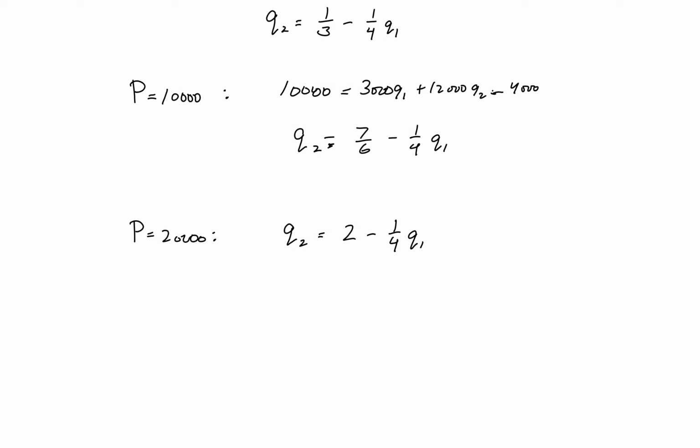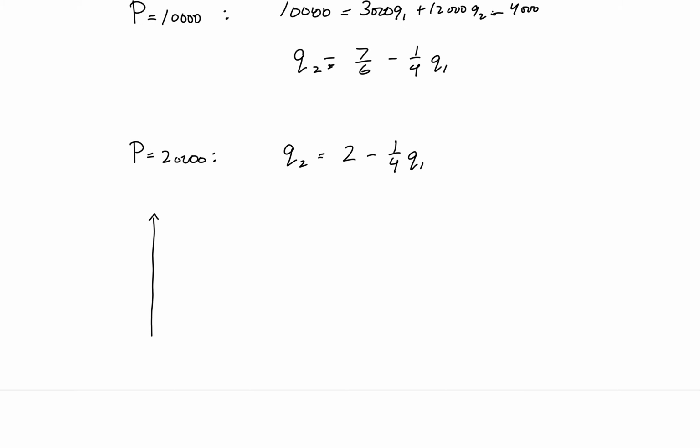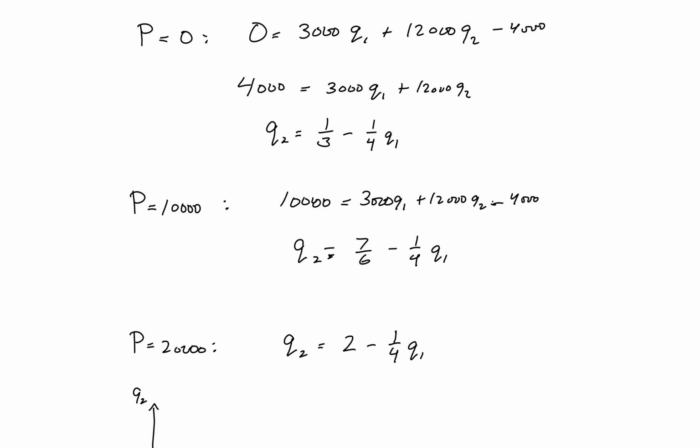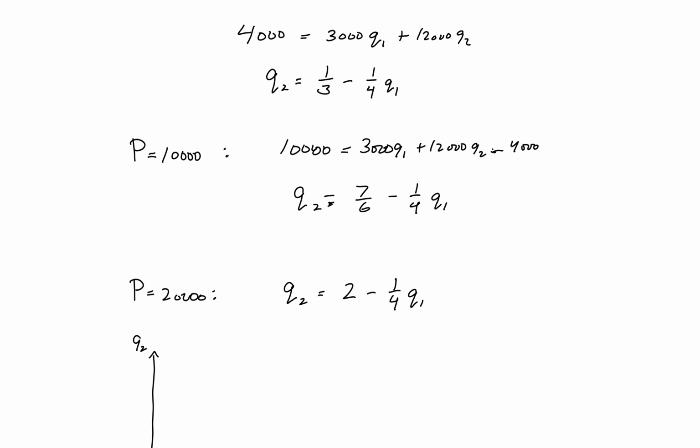So now we can graph these three lines in the Q1, Q2 plane. We'll start when the profit equals 0. Notice that when Q1 is equal to 0, we're at 1/3, and when Q2 is equal to 0, we're at 4/3.